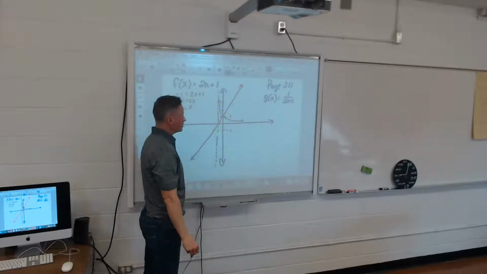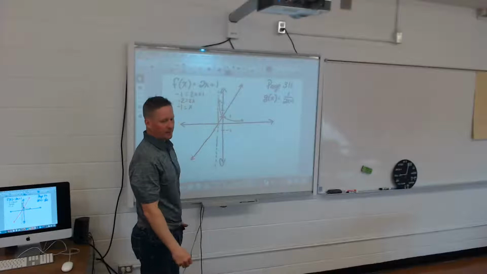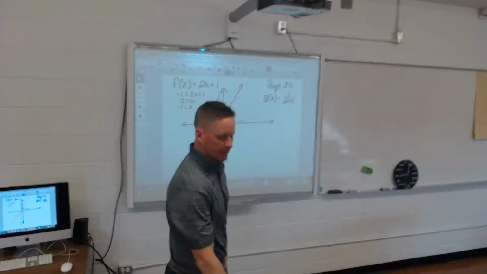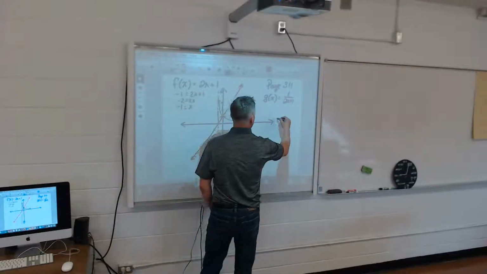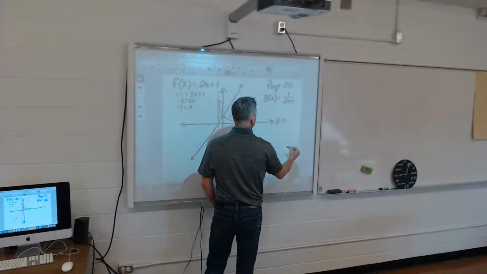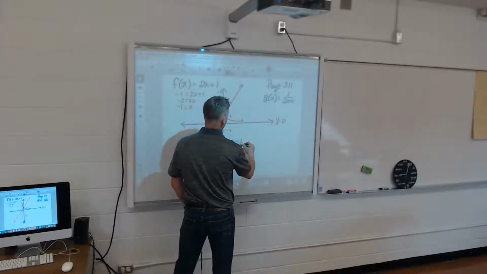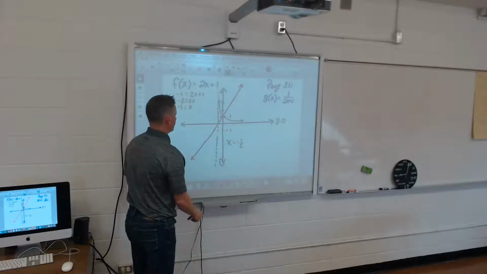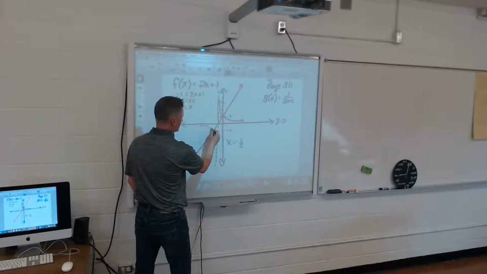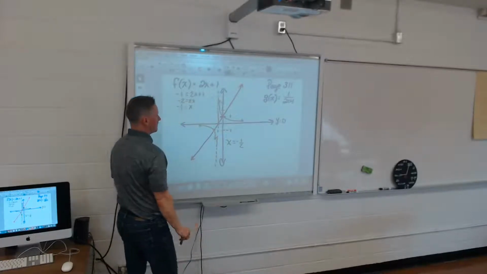And they all approach this line right here, which is one of my asymptotes. So my asymptotes are at y equals 0 and x equals negative 1/2. Those are my two asymptotes. And then the final, I just draw it like this. The same on both sides.